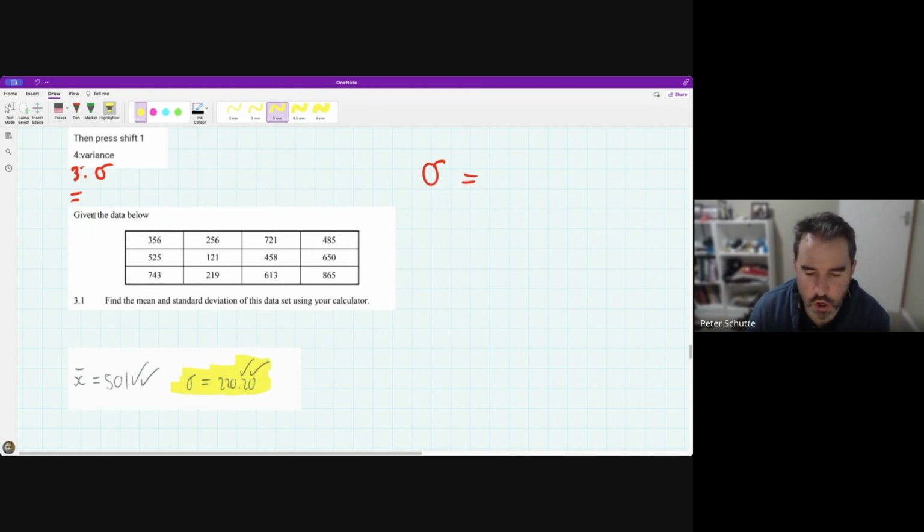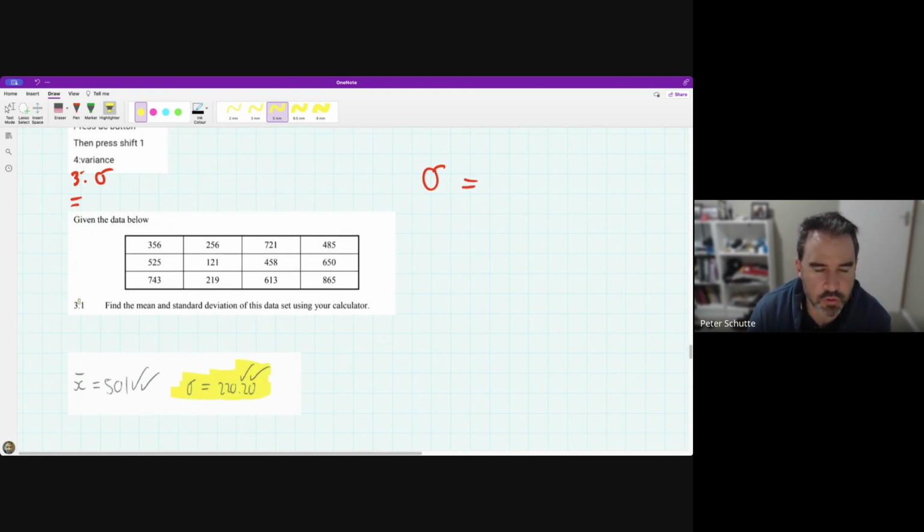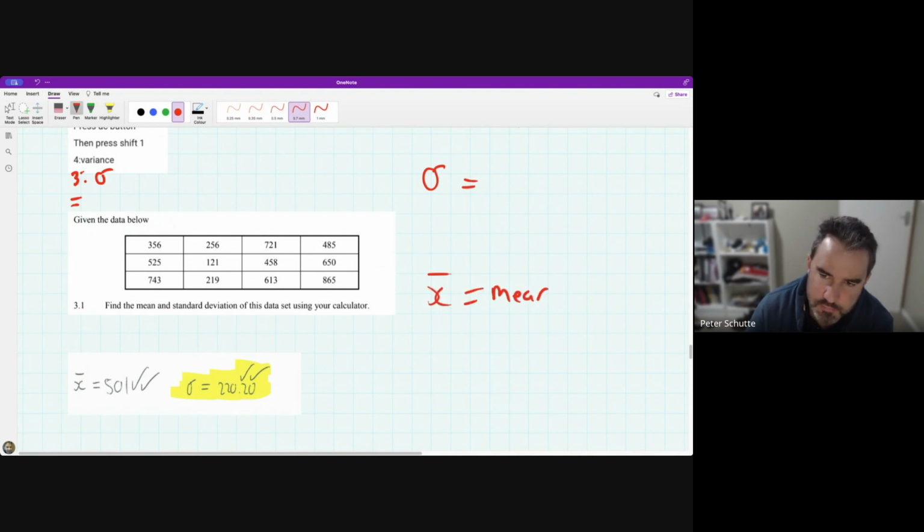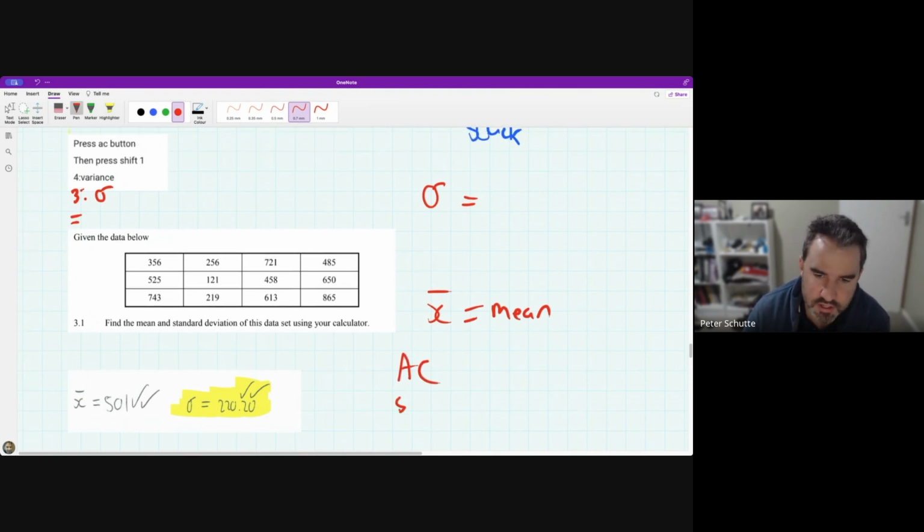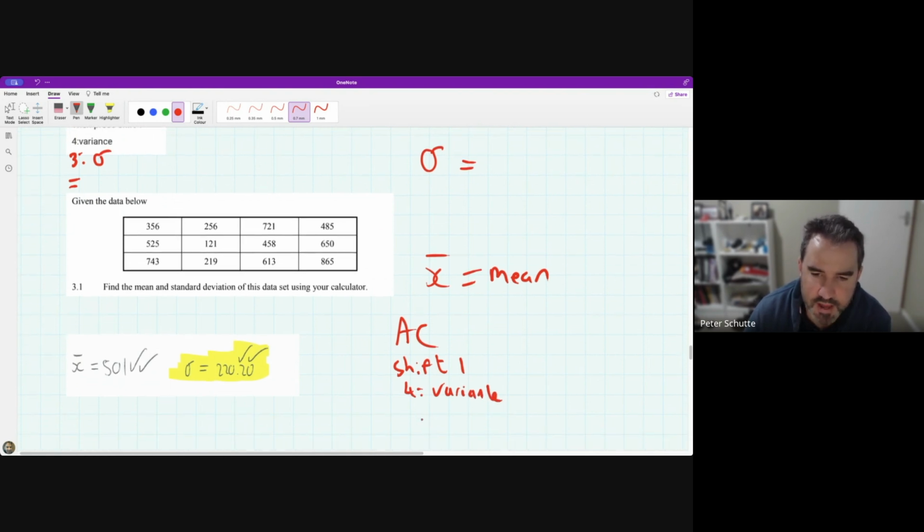Now, if you go back, there is this other thing called X bar. Now, X bar is really just the mean. So just as a practice exercise, I want you to hit AC, then I want you to hit Shift 1, and then I want you to hit variance, so the 4 for variance, and see if you can see what number has the X bar symbol over it.